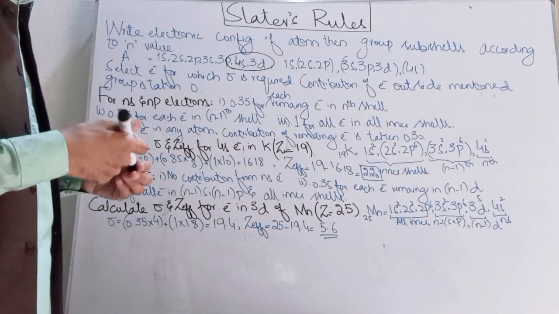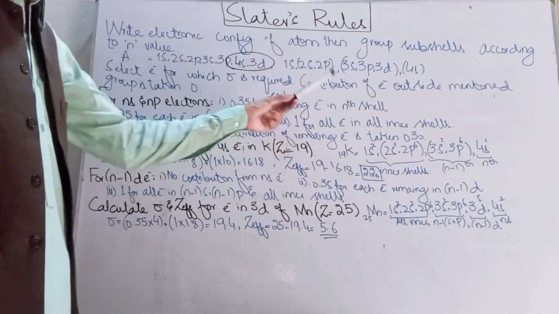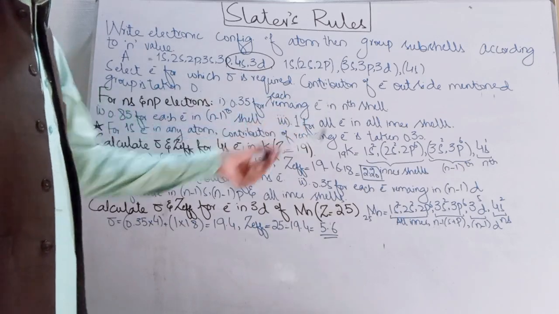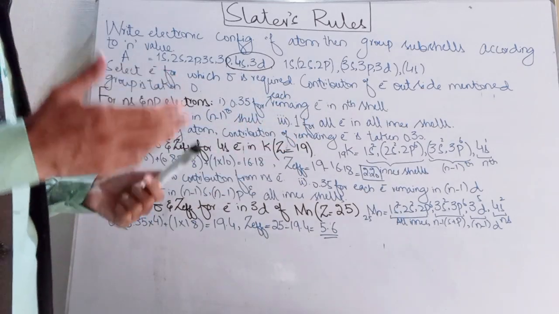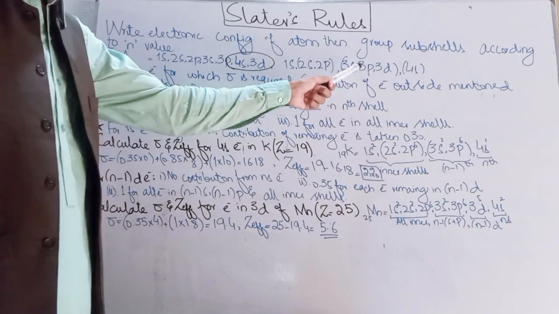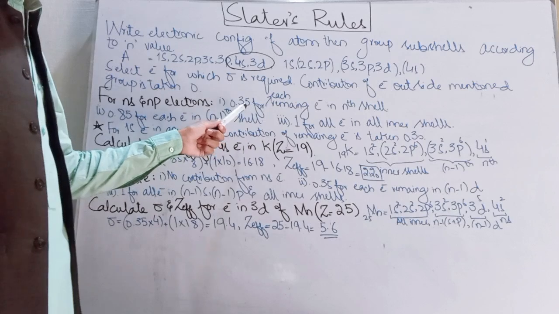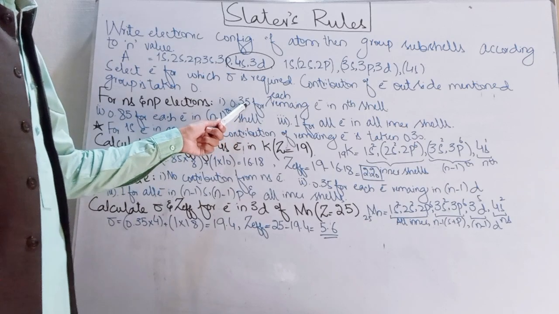What does nth shell mean? It is that shell for which we are calculating the value of sigma. If we are calculating the value of sigma for 3p, the remaining electrons in the 3p and 3s would be taken in this category, that is 0.35.